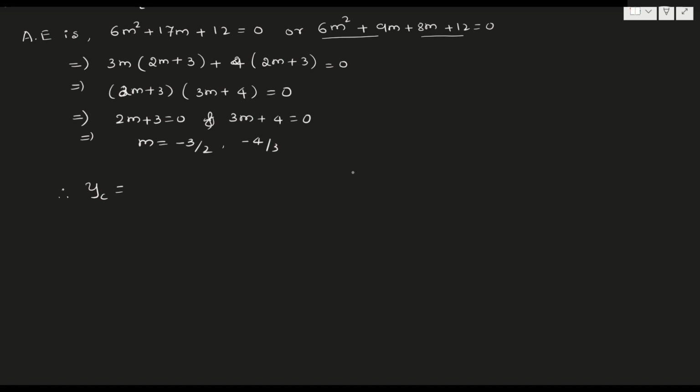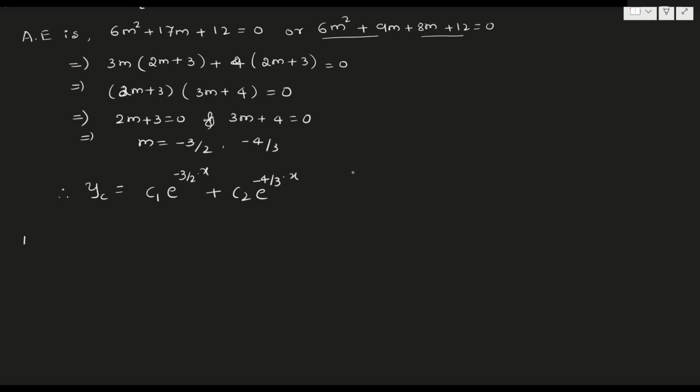Now m1 is minus 3 by 2 and m2 is minus 4 by 3. So it is c1 into e raised to minus 3 by 2 into x plus c2 into e raised to minus 4 by 3 into x. This is your complementary function or complementary solution.